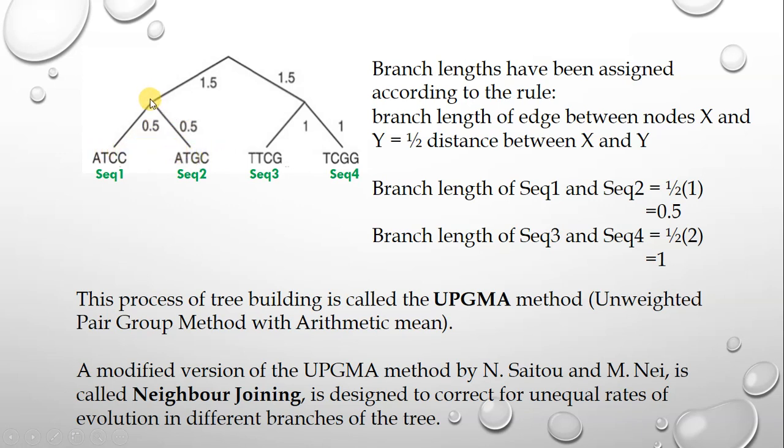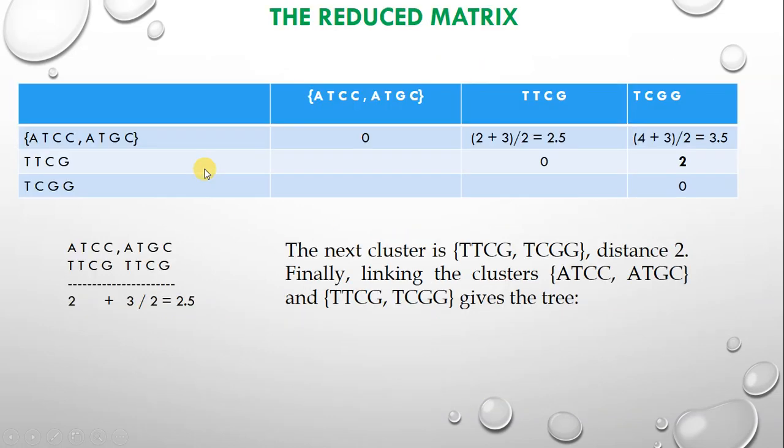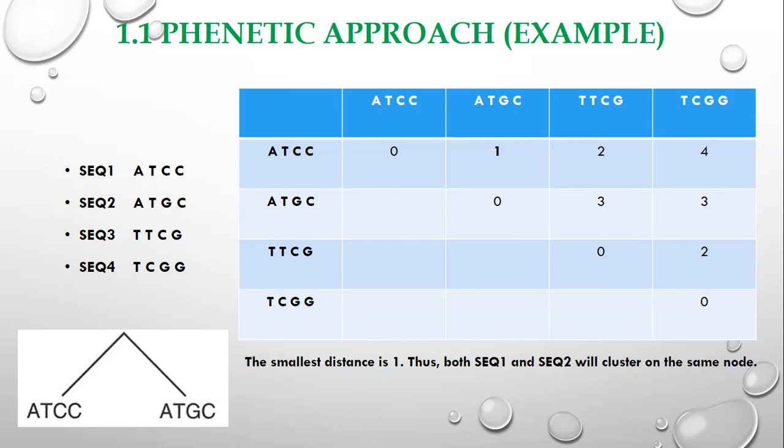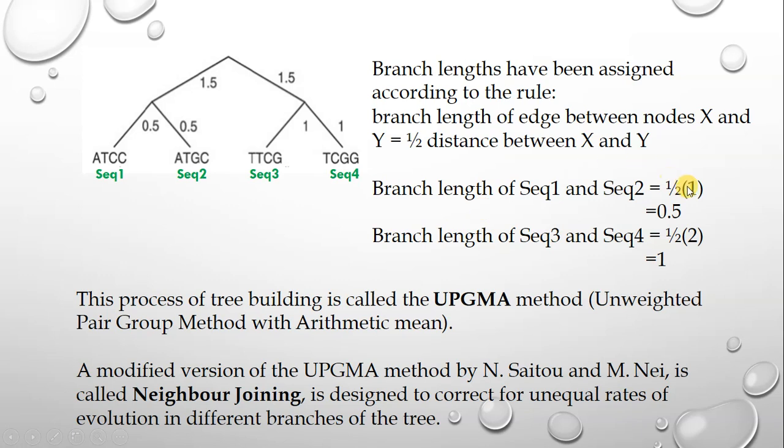Remember, if we have 3 sequences here, then the distance between them is divided by 1 by 3. Okay, so go back. What was the distance between sequence 1 and sequence 2? It was 1. So 1 and 1 by 2, so 0.5. This will be the branch length.